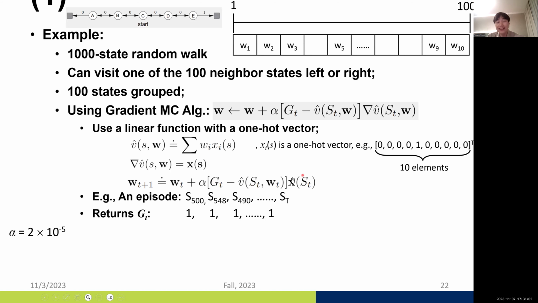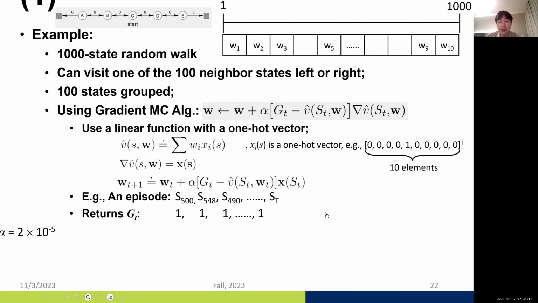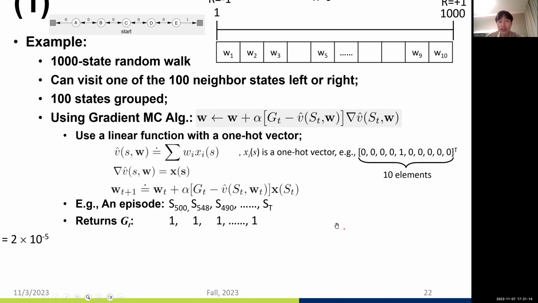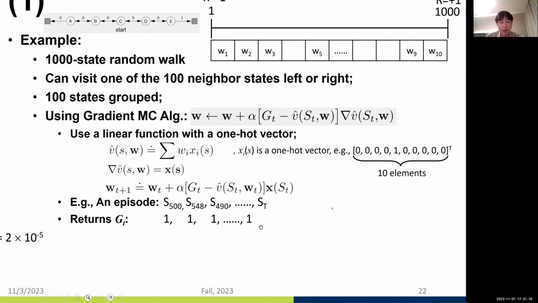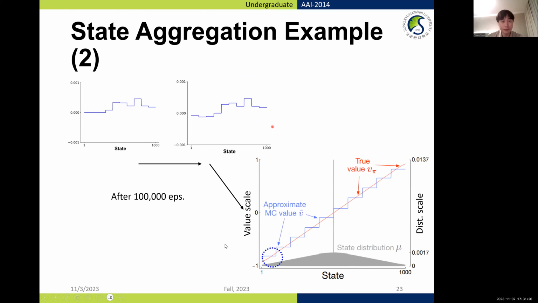Then XS is just the state, a feature, right? Since it is linear, it's just the state itself. So I will not go into too much detail about this. You can review the previous recorded lecture.